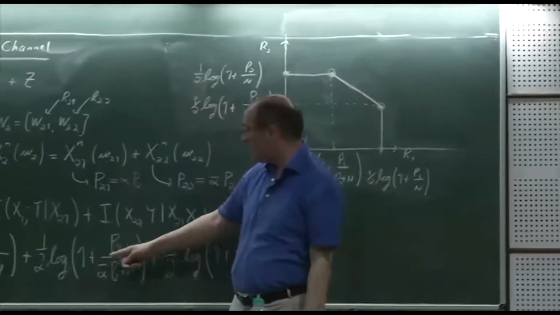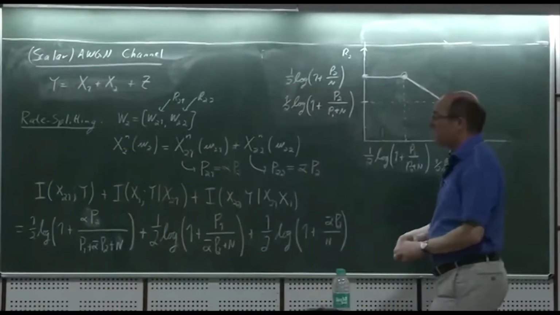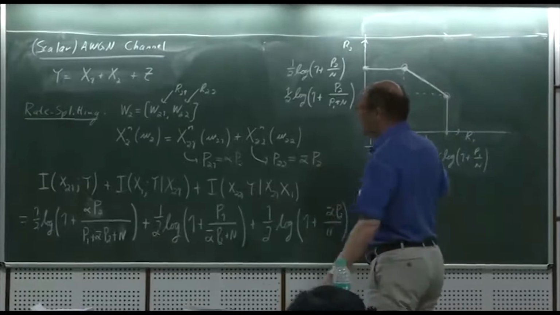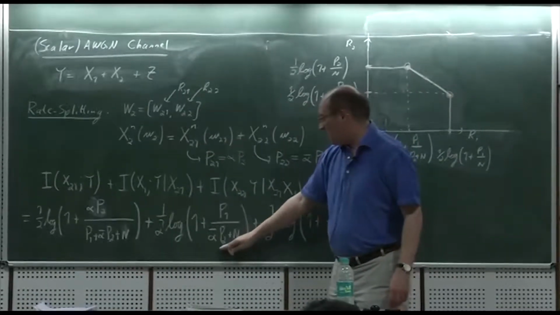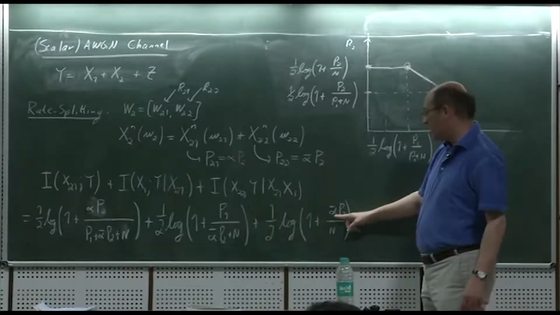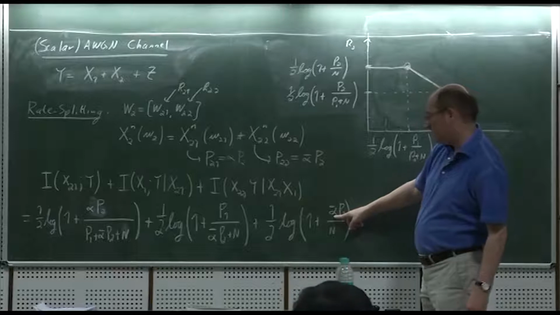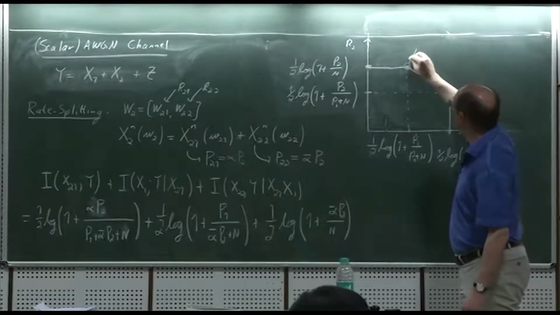And now let's see what happens as we vary alpha, right? As we vary alpha, suppose we start with alpha equals 0. This goes away. Here we'll get 1 plus P1 over n. And here we'll get, hold on. No, P1 over P2 plus n, so that then we're here, right? This is alpha equals 0.